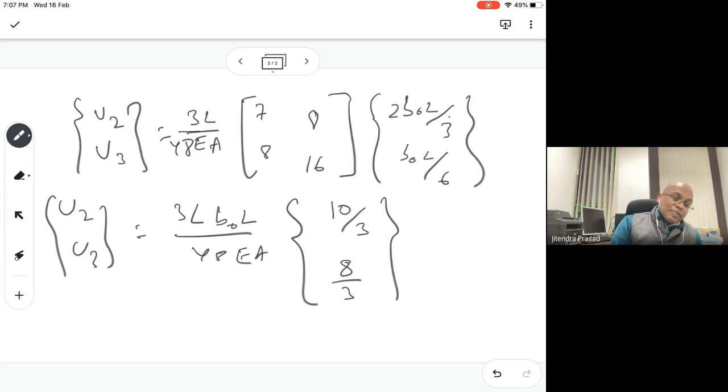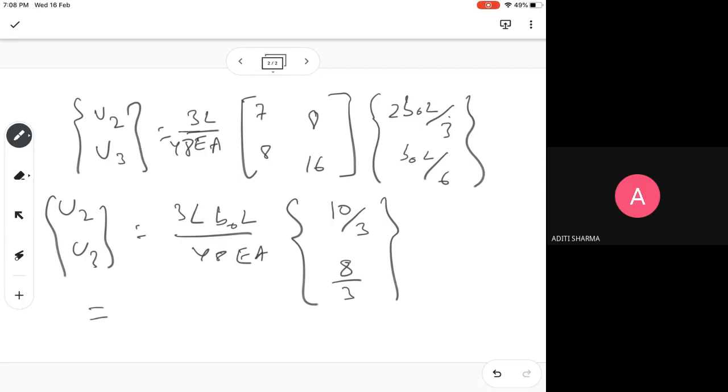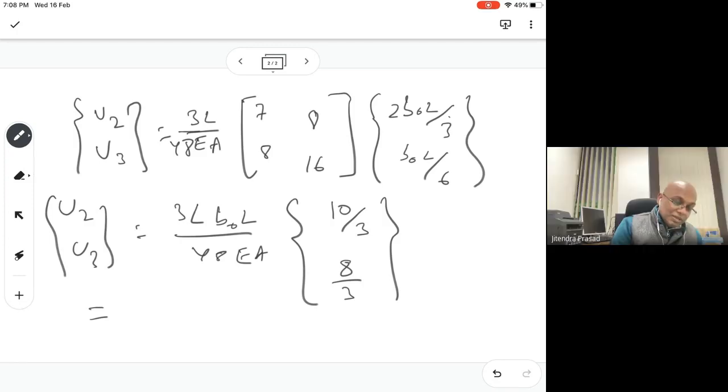Okay, so what do we get? So which is equal to B naught L by 24 EA, I guess, and inside 5 and 4. So here we have B naught L square, right? Okay, yeah, you have to check that.